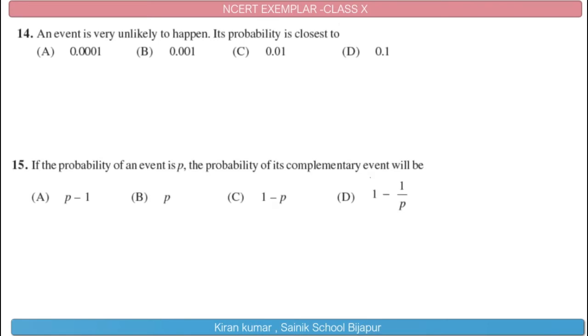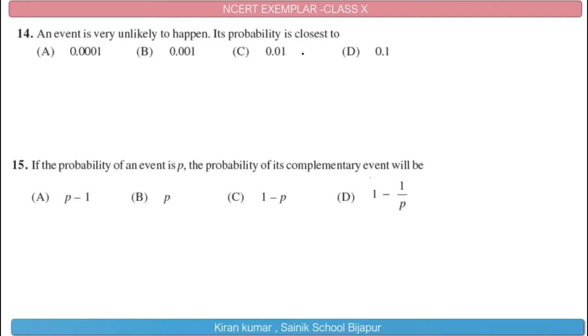Question number 14. An event is very unlikely to happen. Its probability is closest to. When the event is unlikely to happen, this must be closer to 0.